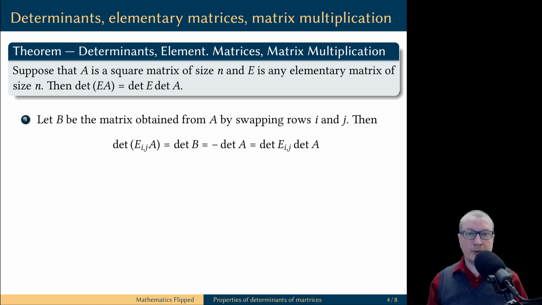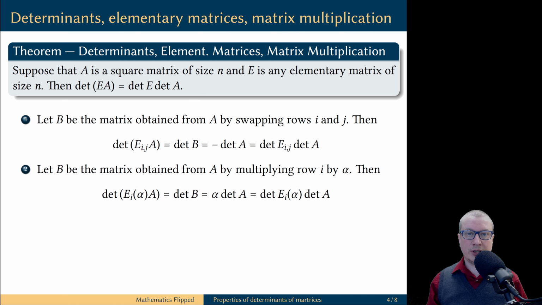So, the determinant of the elementary matrix times matrix A is equal to the determinant of the matrix B. On the other hand, the matrix B was obtained by swapping two rows of matrix A, therefore, the determinant of matrix B is negative the determinant of matrix A. The last step is to recall that the determinant of the elementary matrix obtained by swapping two rows is -1.